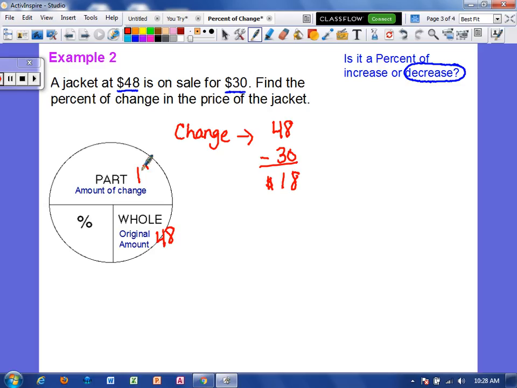So that is the part. And then obviously we're missing our percent because we're trying to find percent of change, so I'm going to cover that up. Again, we have part divided by whole, and that would be 18 divided by 48. And then top dog goes in the house.